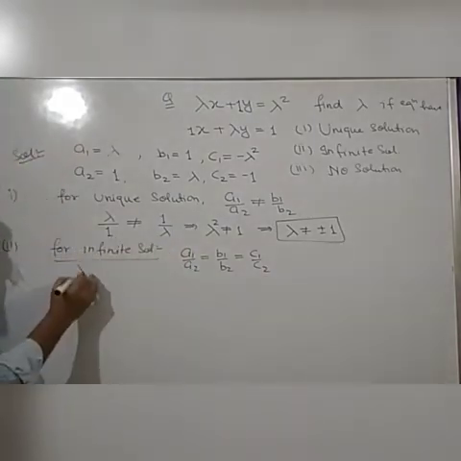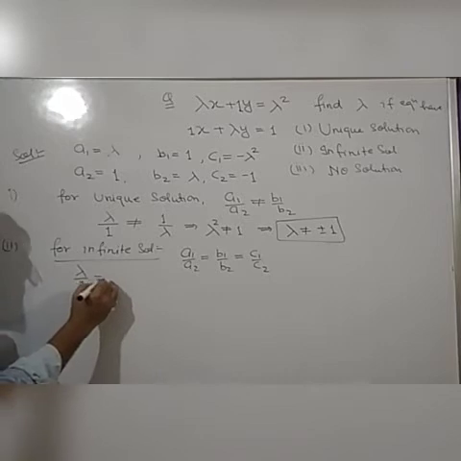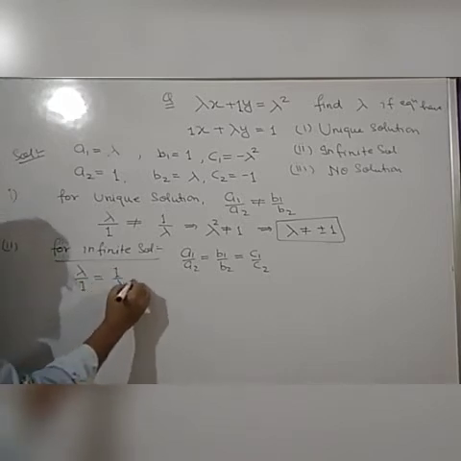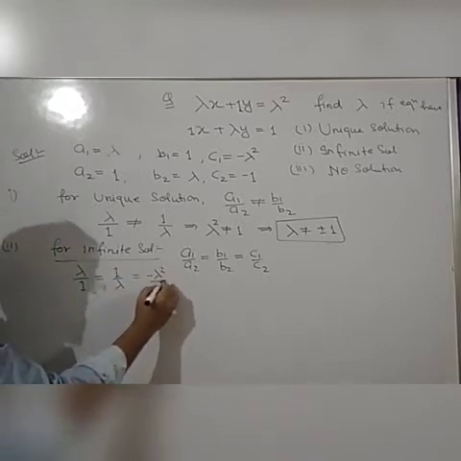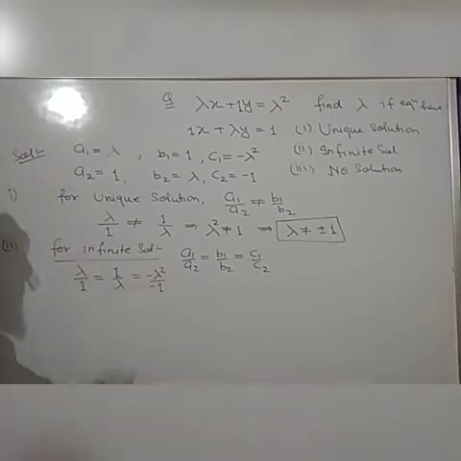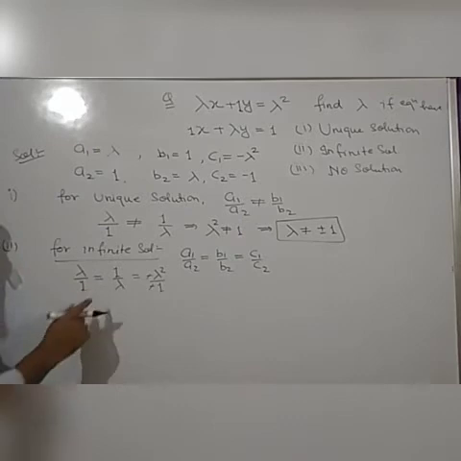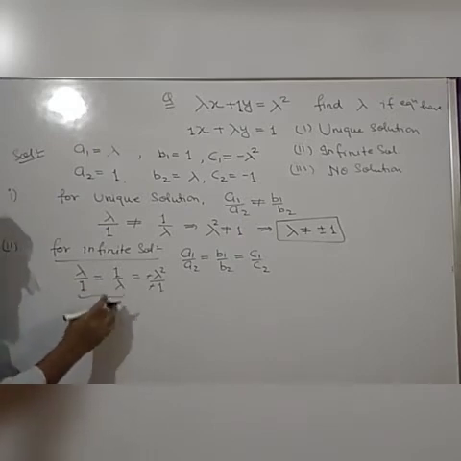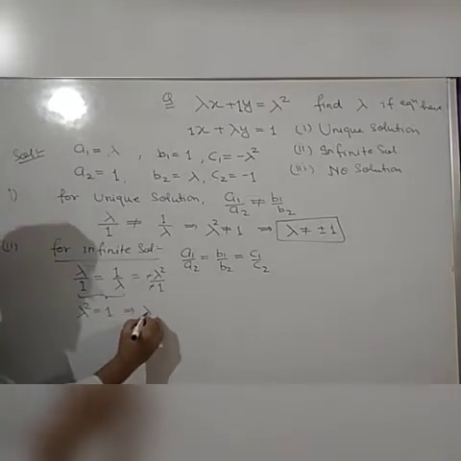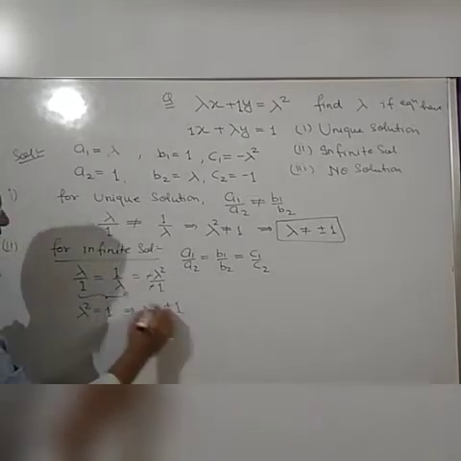So putting the values, we will get lambda upon 1 is equal to 1 upon lambda is equal to minus lambda square upon minus 1. Now this minus sign will cancel out. So if we solve these two terms, we will get lambda square is equal to 1, or lambda should be equal to plus minus 1.